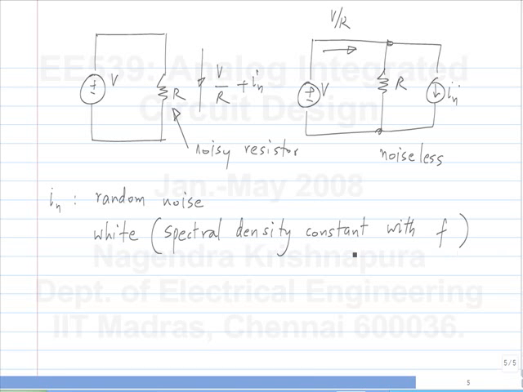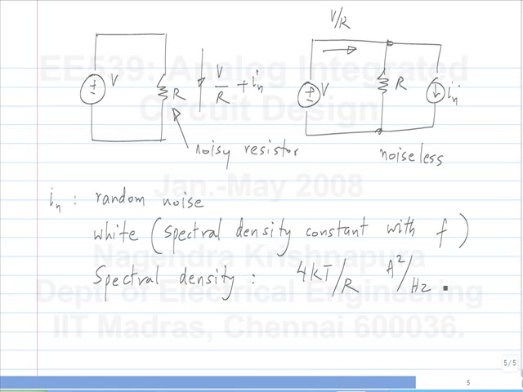So, if the spectral density is constant with f, such a noise is called white noise, and the thermal noise in a resistor is white, and the spectral density is 4kT divided by R, and its units are ampere square per hertz.